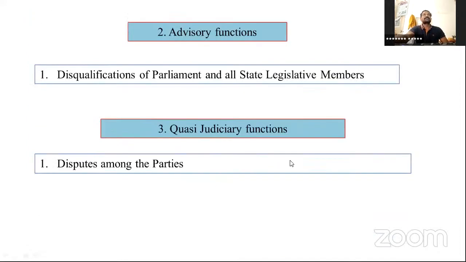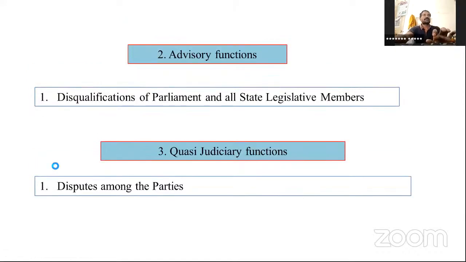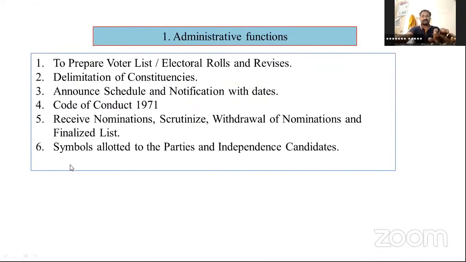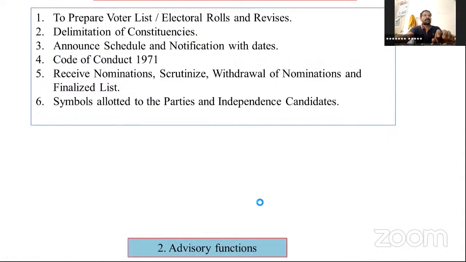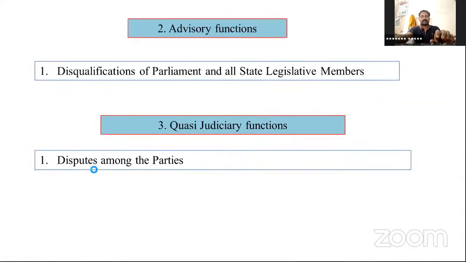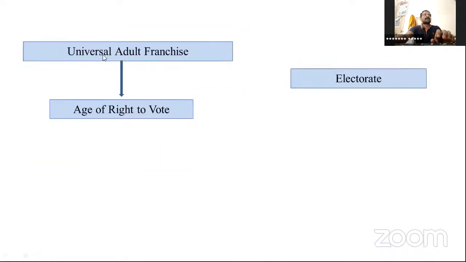See the next slide, advisory functions. But before that, one thing we have to discuss here: universal adult franchise. It is a very important feature of the Indian Constitution. Why? Because the election principle was started in India by the Britishers in 1884.